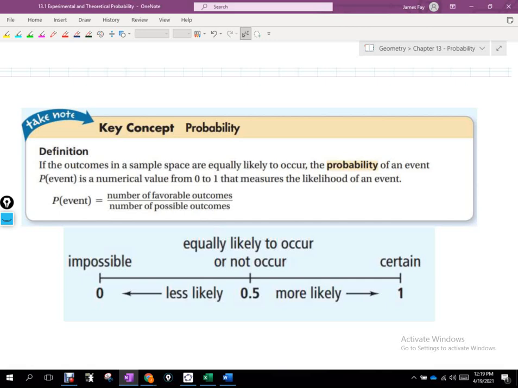That would be impossible. On our scale from probability 0 to 1, 0 is impossible, not going to happen, and 1 is certain to happen. These are decimals, and we change them to percentages, 0%, 50%, 100%, just by moving the decimal place.